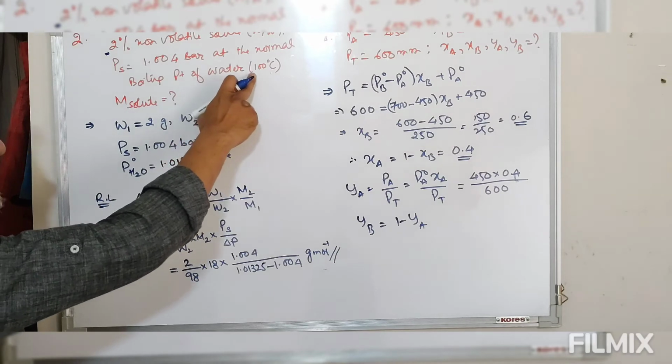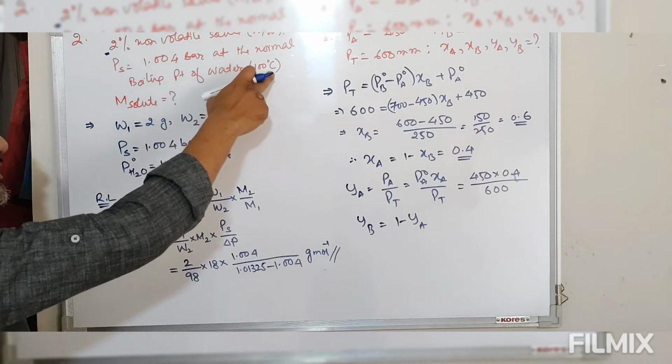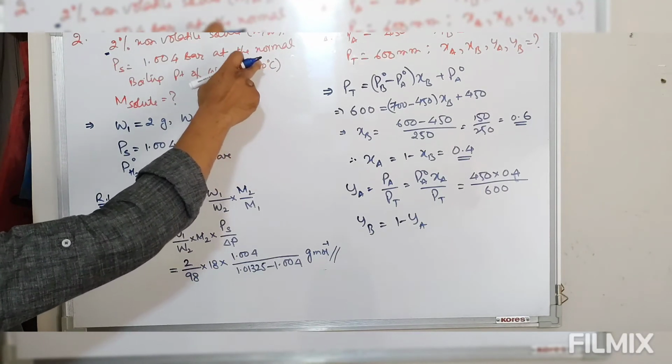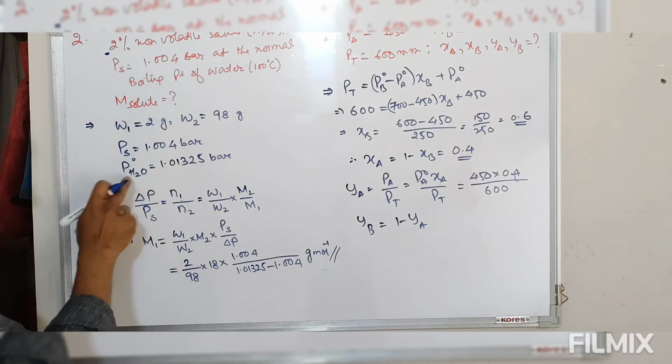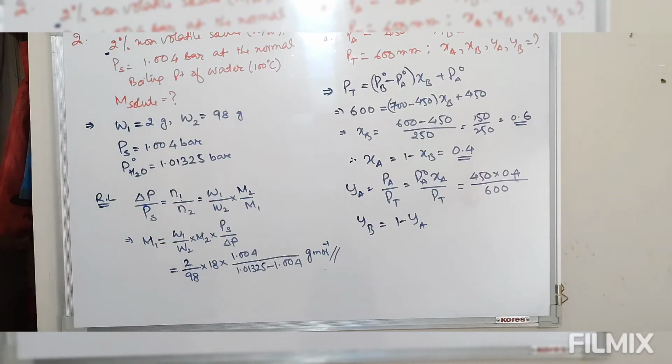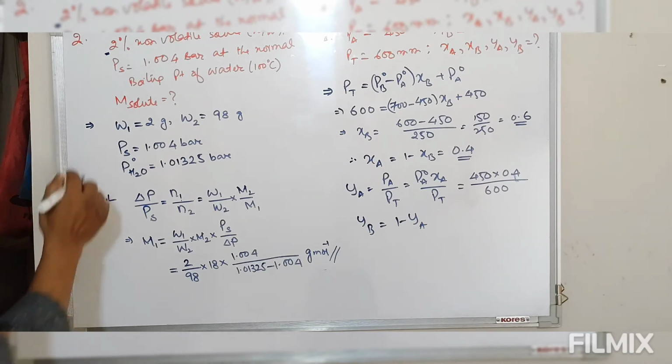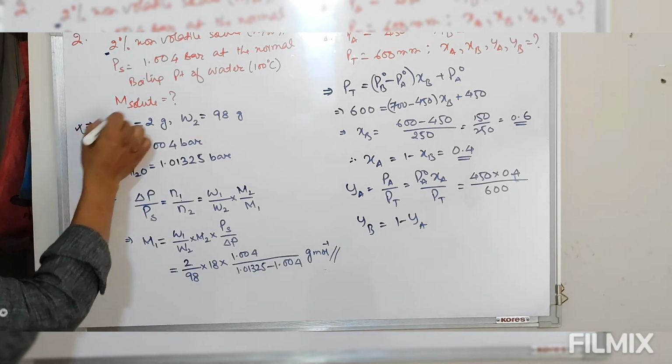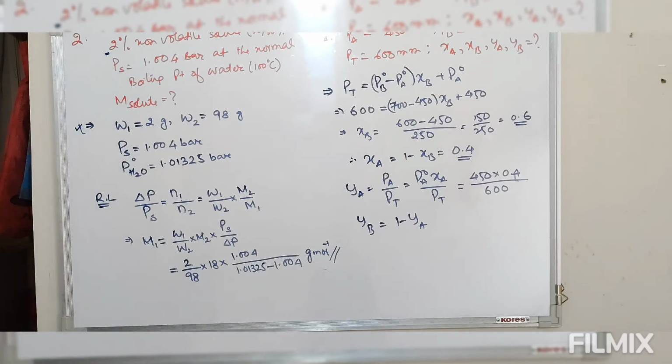This is given as 100 degrees centigrade, the normal boiling point of water. So at this point the vapor pressure of pure water should be 1.01325 bar. That thing we have to keep in mind. Once we know this data, we can easily answer what is being asked in the question.